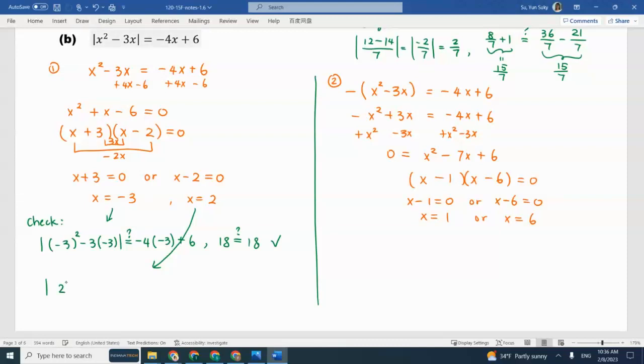We plug in. Everybody okay with plugging in, right? Whenever we see x, replace it with 2. So 2 squared minus 3 times 2, is it equal to negative 4 times 2 plus 6?